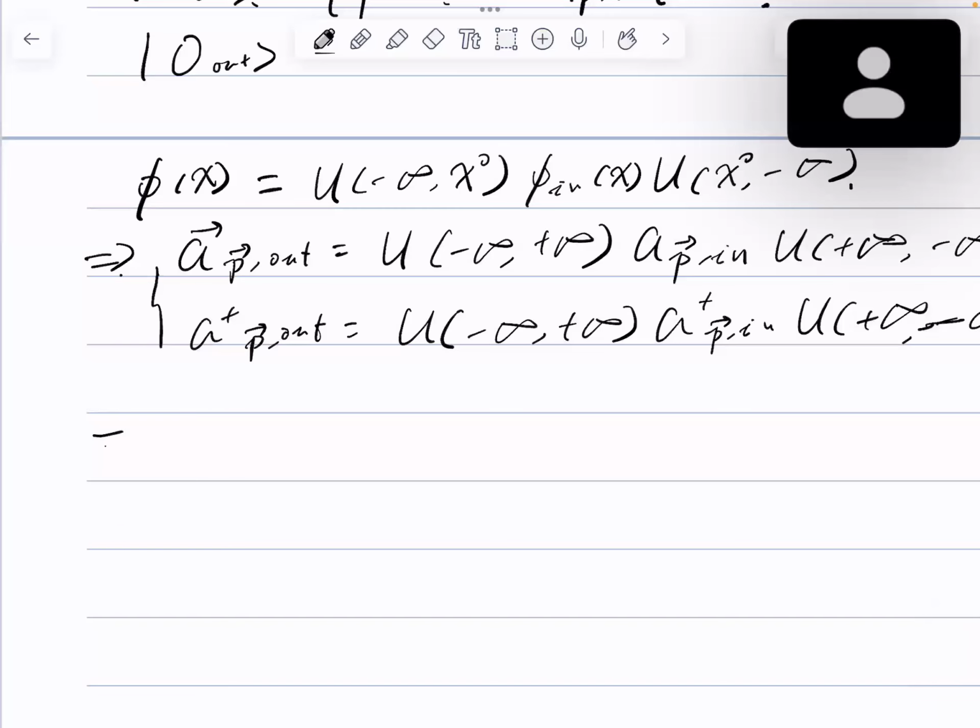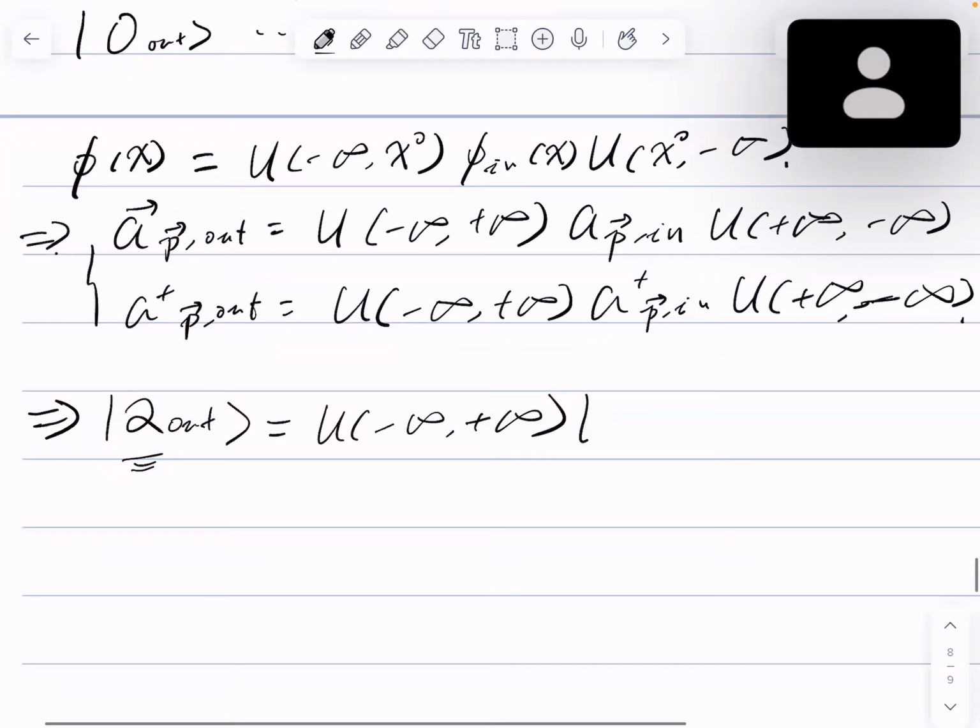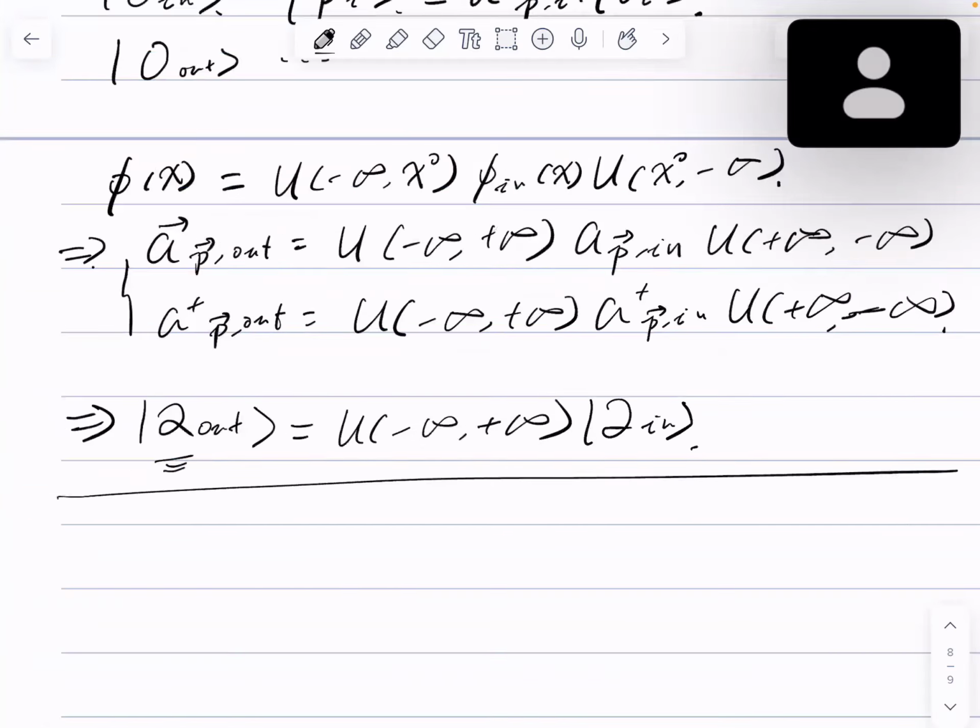Generally, the relation between the out state and the in states, alpha out. This alpha can be anything. Positive u minus infinity, positive infinity, alpha in. Okay, so much for this.